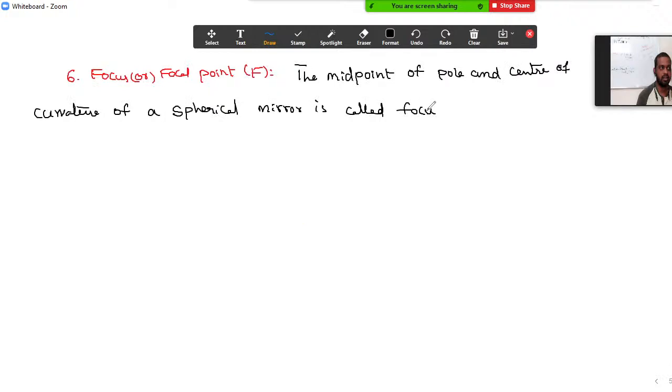It is denoted by capital F. So we should represent that.